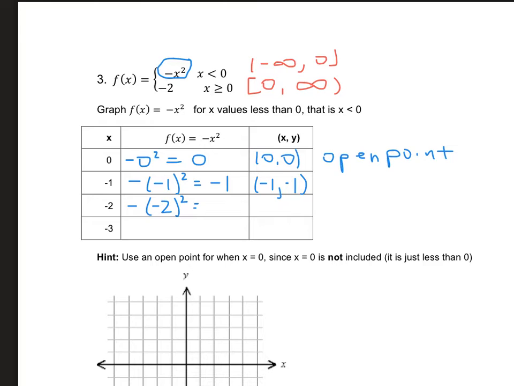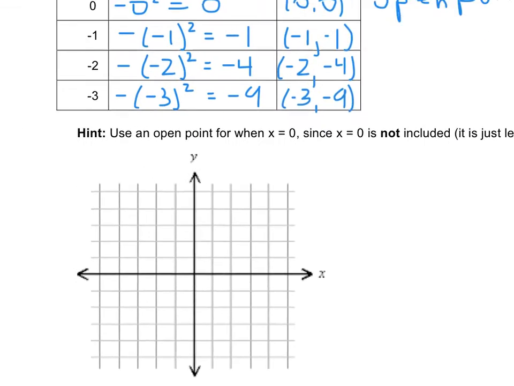We square the negative 2, so we end up with a 4, and then the negative out in front gives us a negative 4. So we get the point negative 2, negative 4. This next one isn't actually going to fit on the graph, but if we plug in a negative 3, we square that negative 3 and get a 9, apply the negative out in front, and we get negative 9. So that would be the point negative 3, negative 9.